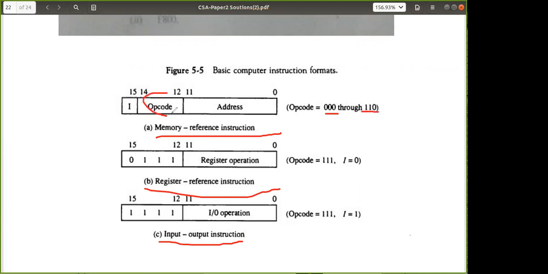This is the opcode, the bits from 12 to 14, and the 15th bit is the mode, whether that is direct or indirect addressing. Opcodes 000 to 110 are memory reference instructions, and 111 is for register reference instruction, and when we have the opcode 111 and the I bit is 1, that is input output.